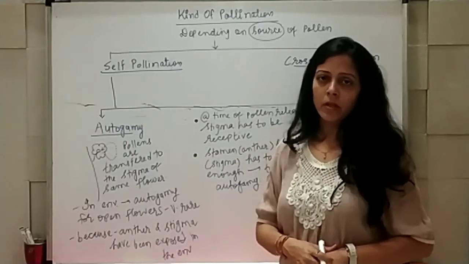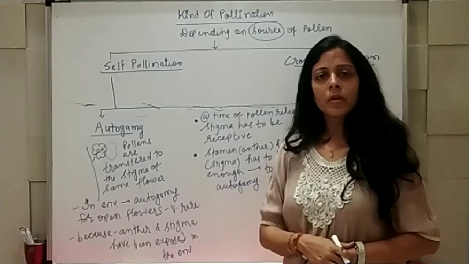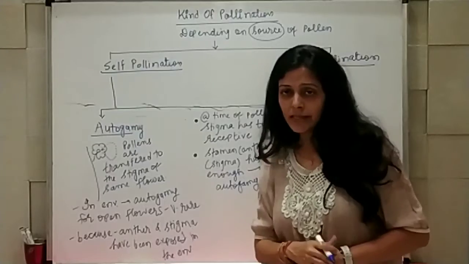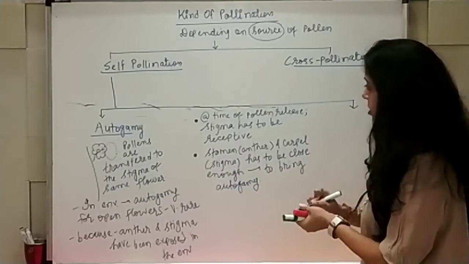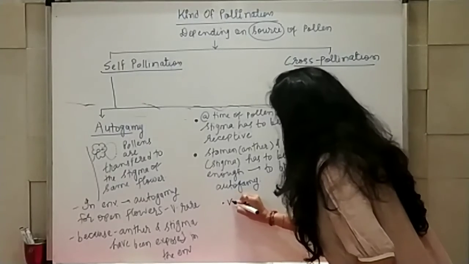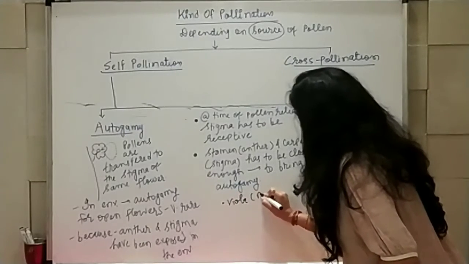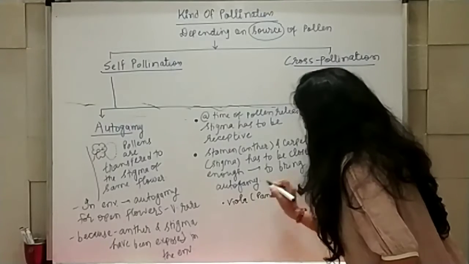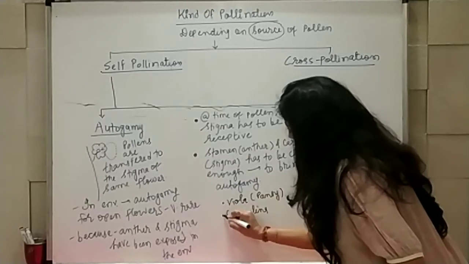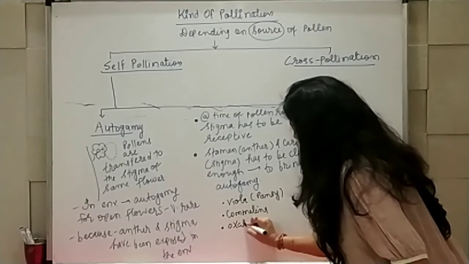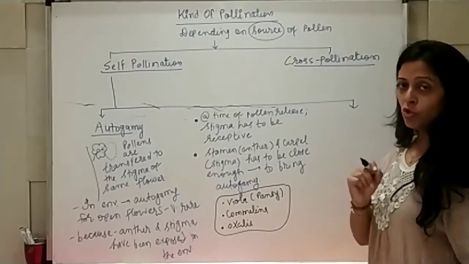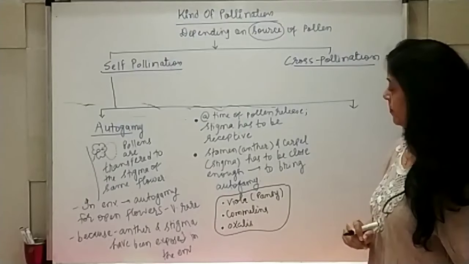In nature, I can give you three examples: Commelina, oxalis and viola. These are the three examples. So writing here, viola, common name is pansy, Commelina and oxalis. These three types of plants, they show two different types of flowers.